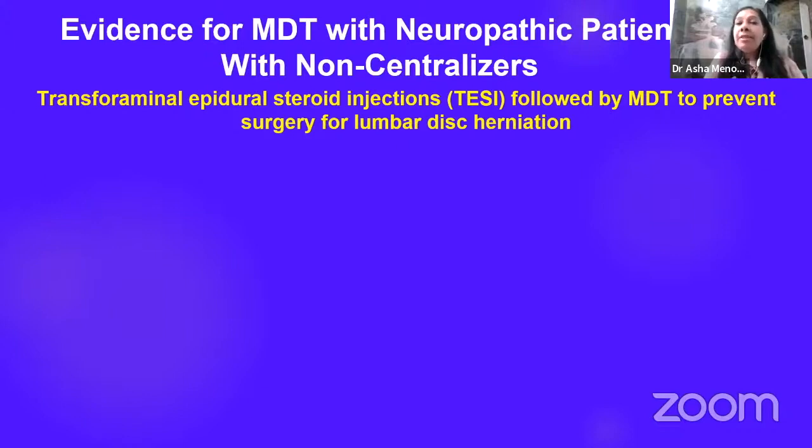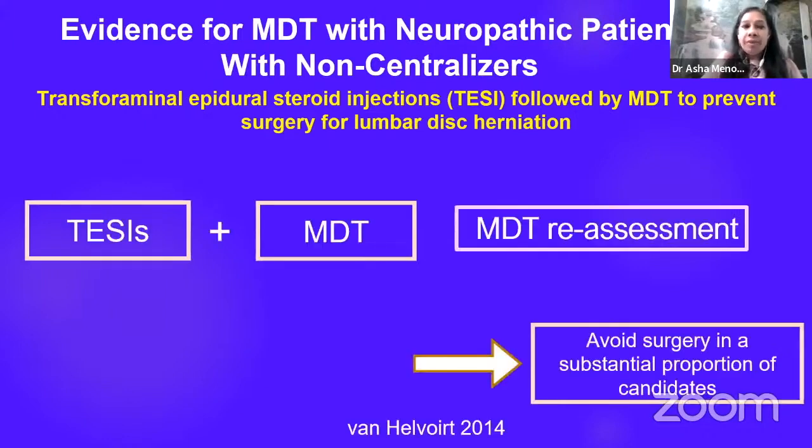That means exercises have not been proved to be beneficial. These patients were picked up, and research was done in conjunction with MDT clinicians and pain physicians. Transforaminal epidural steroidal injections were given, followed by MDT, and it was seen that we can prevent surgery in a large number of patients.